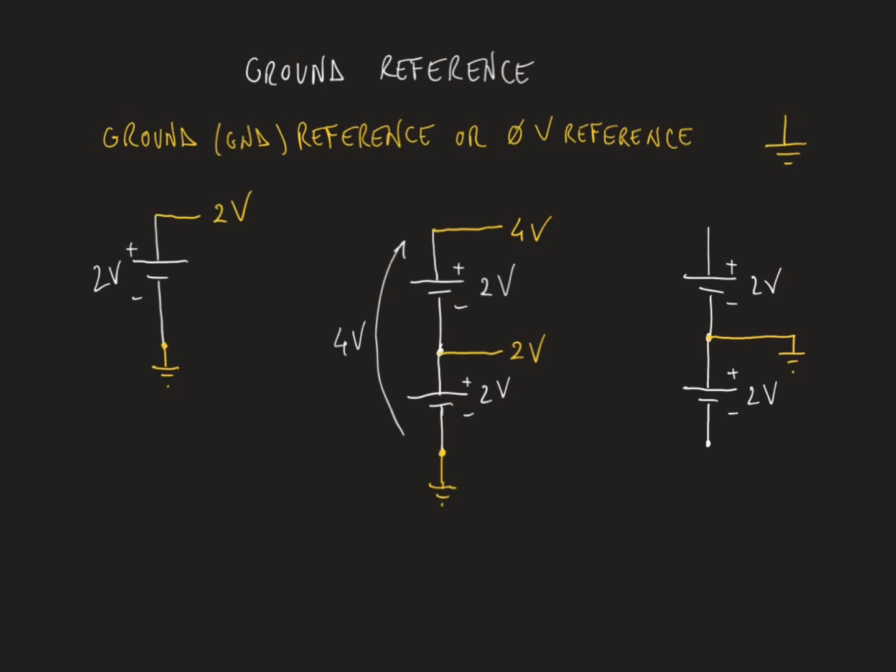In this case, we can say that the negative terminal of the bottom battery is at a potential of minus 2 volts, while the positive terminal of the top battery is at a potential of 2 volts. The potential difference between the negative terminal of the bottom battery and the positive terminal of the top battery will still remain 4 volts.